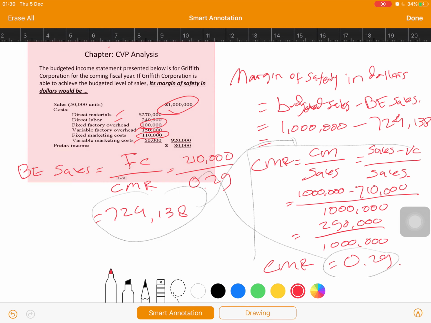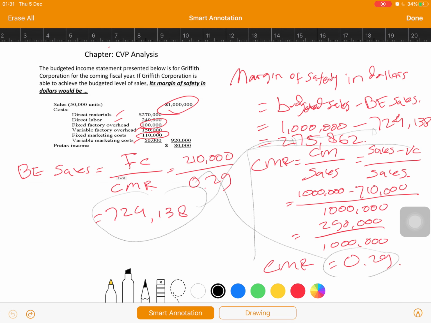Then 1 million minus 724,138 equals 275,862. Okay, so the final answer is this one.